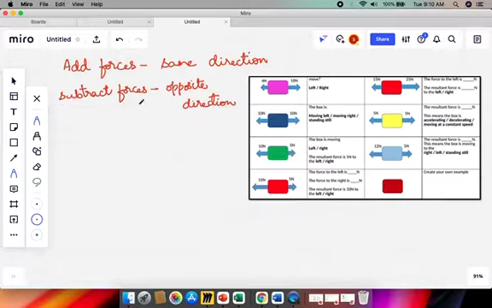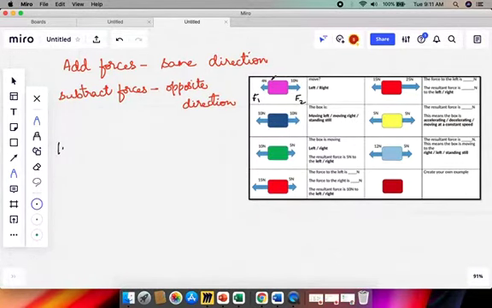Now let us see this with the help of an example. So here we'll start with the first one. In this question there are two forces, 4 Newton and 10 Newton, which are acting in the opposite direction. So we have to subtract the forces. First I will choose any one force as F1 and the other one as F2.